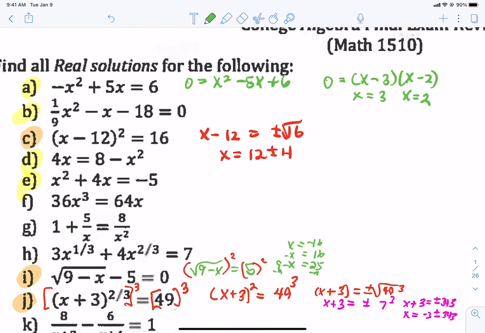That's the strategy you want to take for all of those. For part B, because of this 1/9, you can multiply everything by 9 and get x squared minus 9x minus 162 equals 0. So that's just a little trick you can use.